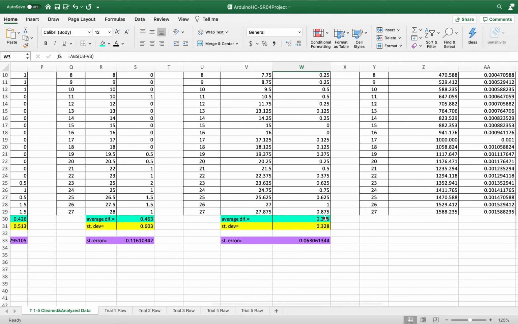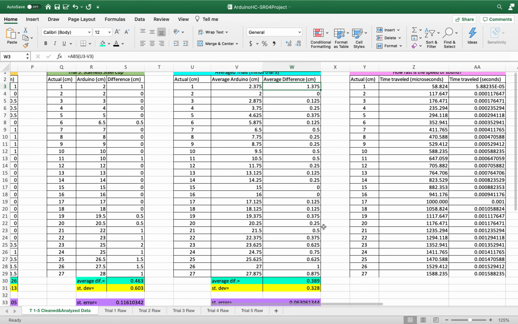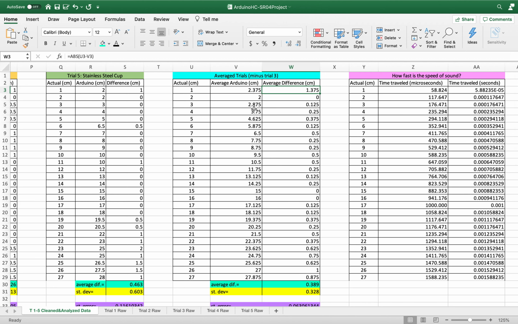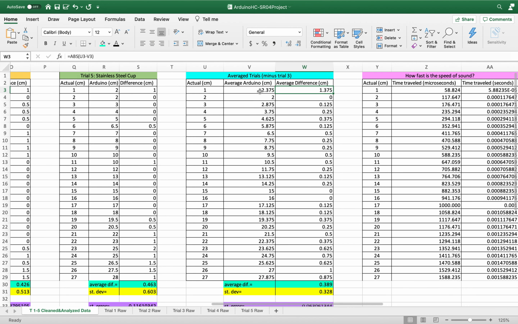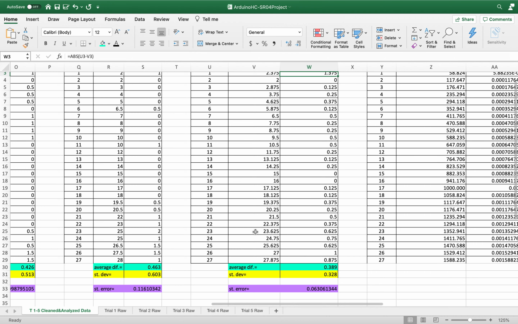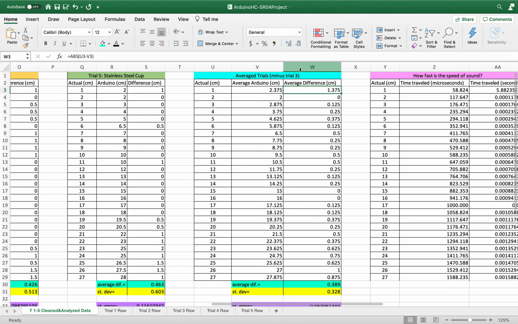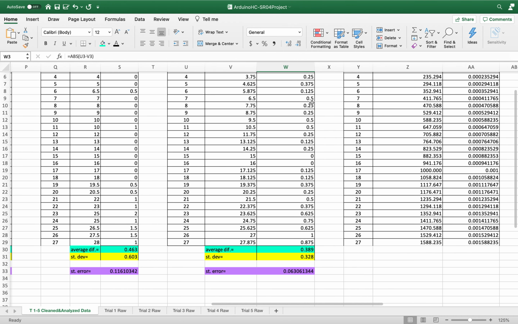So what I did here was the same. I did the average difference for all 1, 2, 4, and 5 of our trials. I got the average Arduino value there between all 4 of those trials. And then I got that average difference as well. And that was 0.389 centimeters.